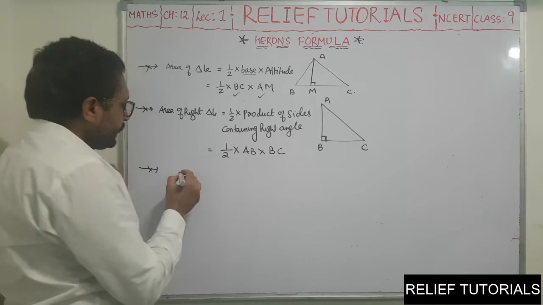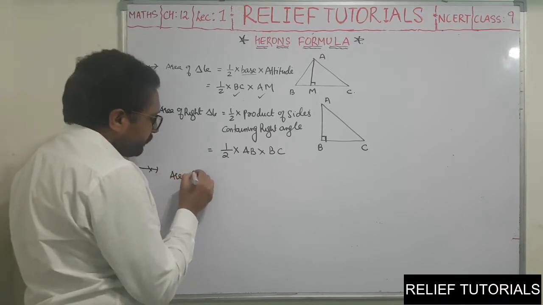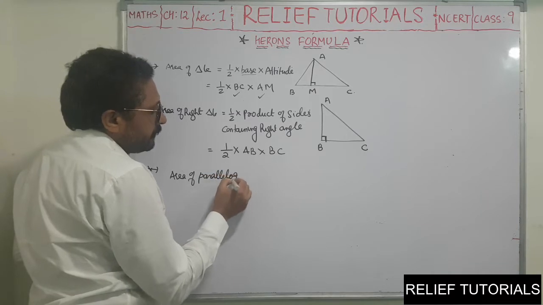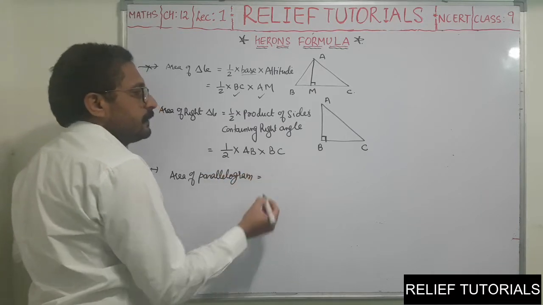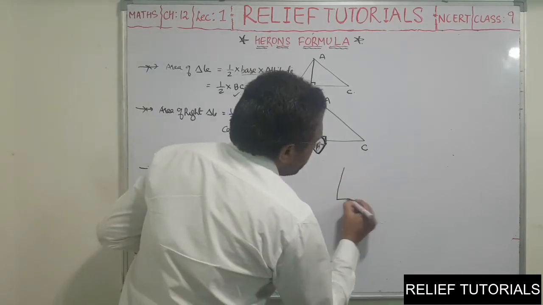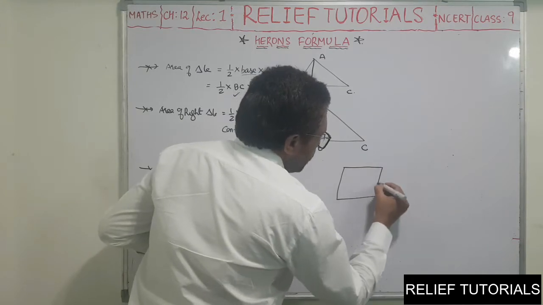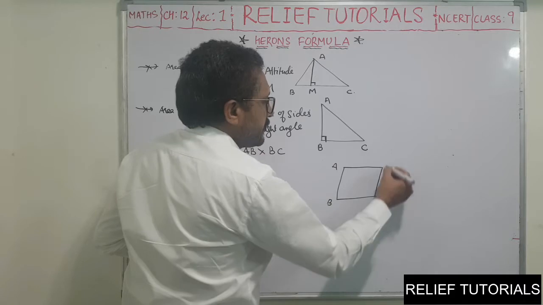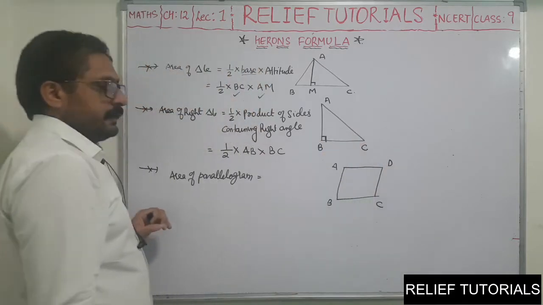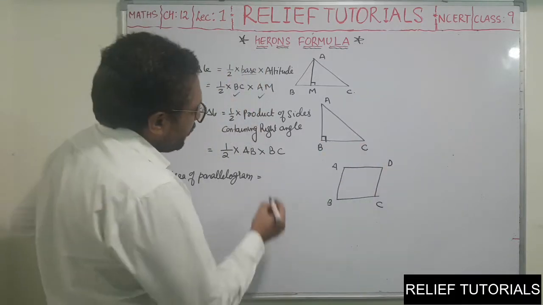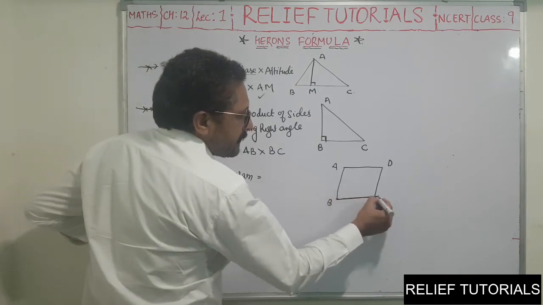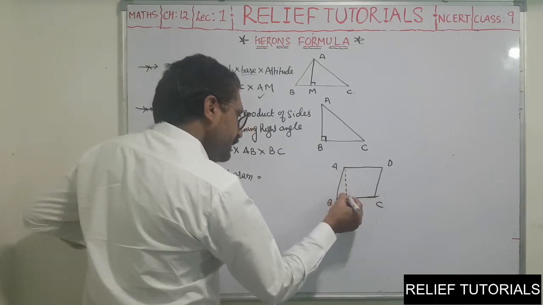Okay. Next, you might be knowing the area of a parallelogram. See, this is a parallelogram, suppose A, B, C, D. So the area of a parallelogram is nothing but, see, this is the base and the corresponding altitude.